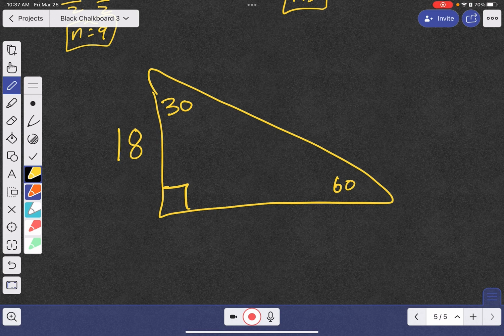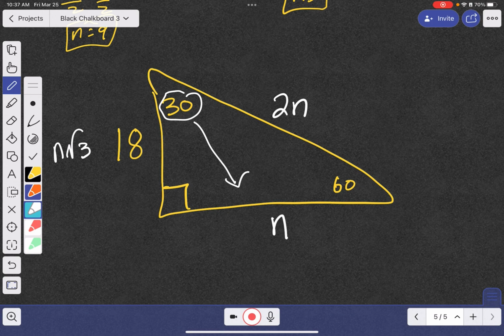So I look at it, and again, I'm going to label my sides. I find my 30 degree angle. I draw an arrow to the opposite side. That's going to be my n. My hypotenuse is going to be my 2n. The long leg is going to be my n times the square root of 3. Always do this first until you get good at it.